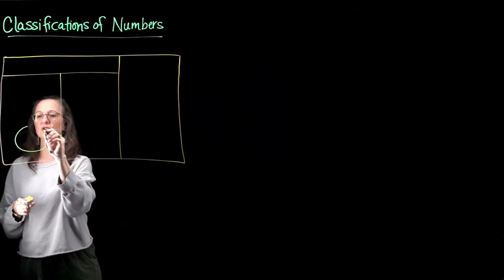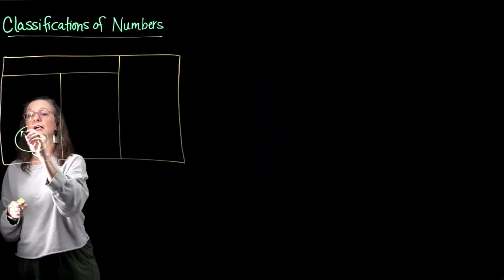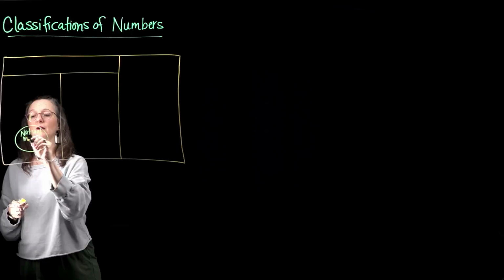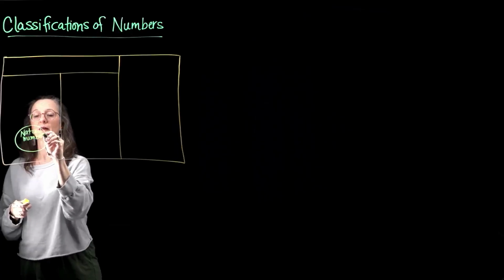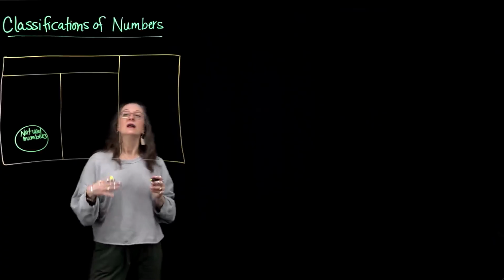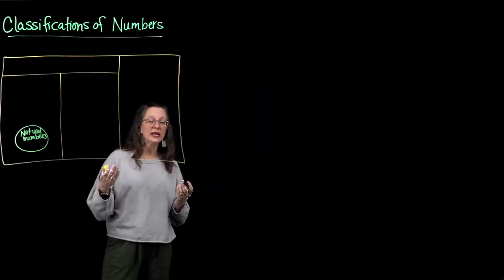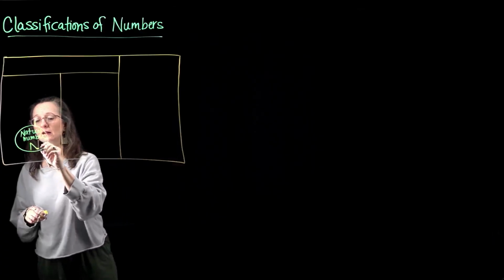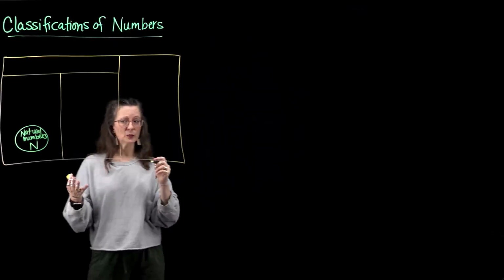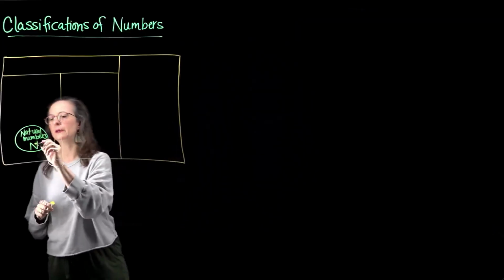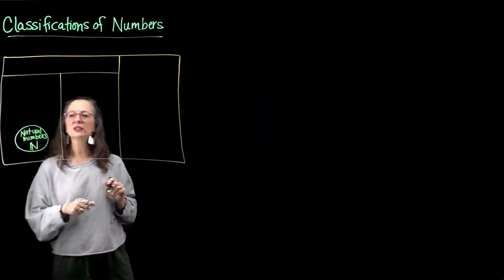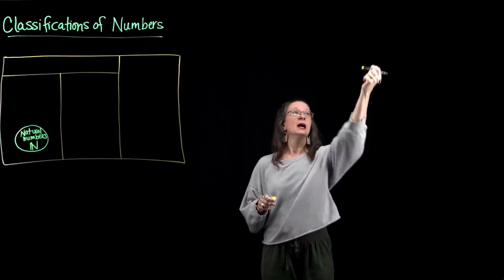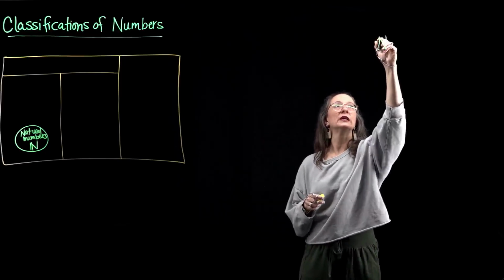Now I'm going to draw a circle to represent the group of natural numbers. And the natural numbers, we have a special descriptor for it, and it is an N. And in a textbook, it's like a bold N, but I can't write bold, so we just give it an extra bar through the N. And I'm just going to write up a description over here.